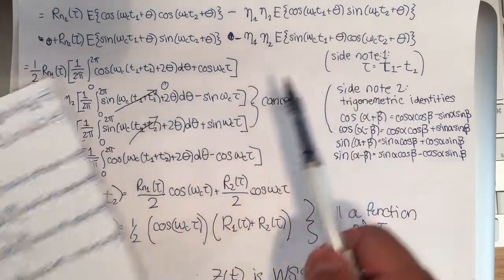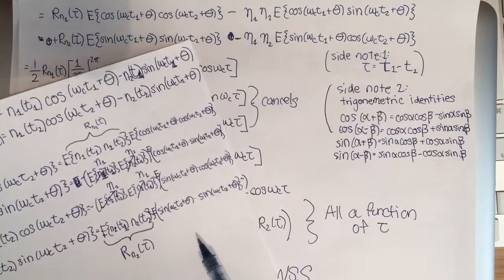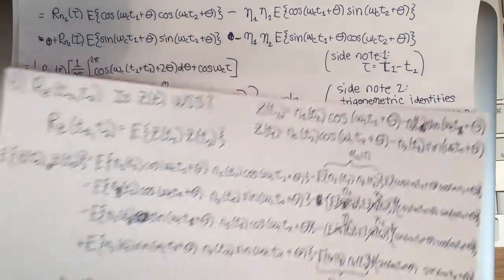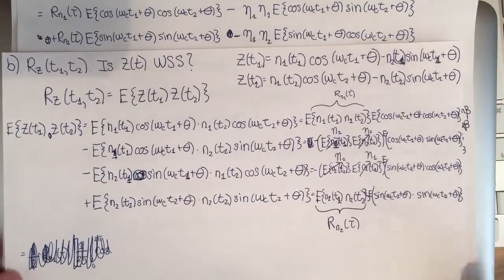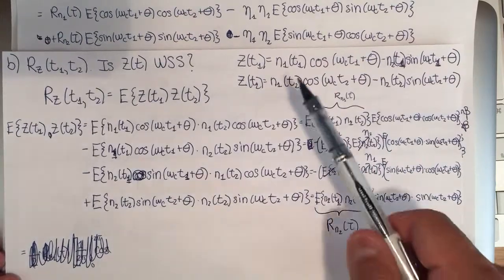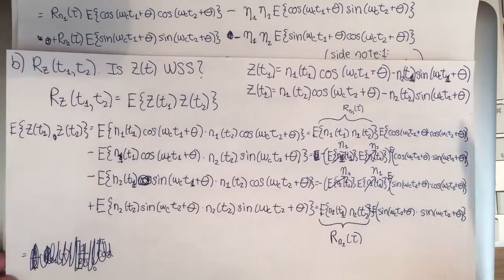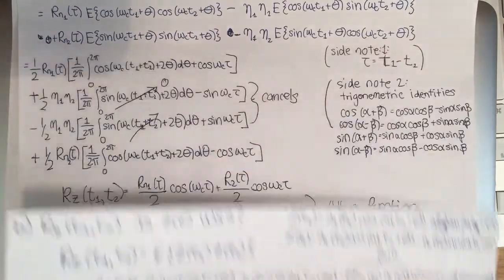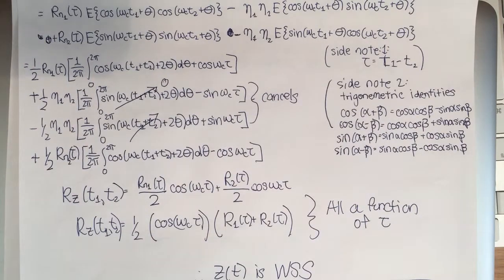Basically, I just wrote it out so it's nicer, so that we can continue the problem on a new page. And as you can see, I added the side note over here, just in case I forgot, or you forget, that tau is equal to t1 minus t2.